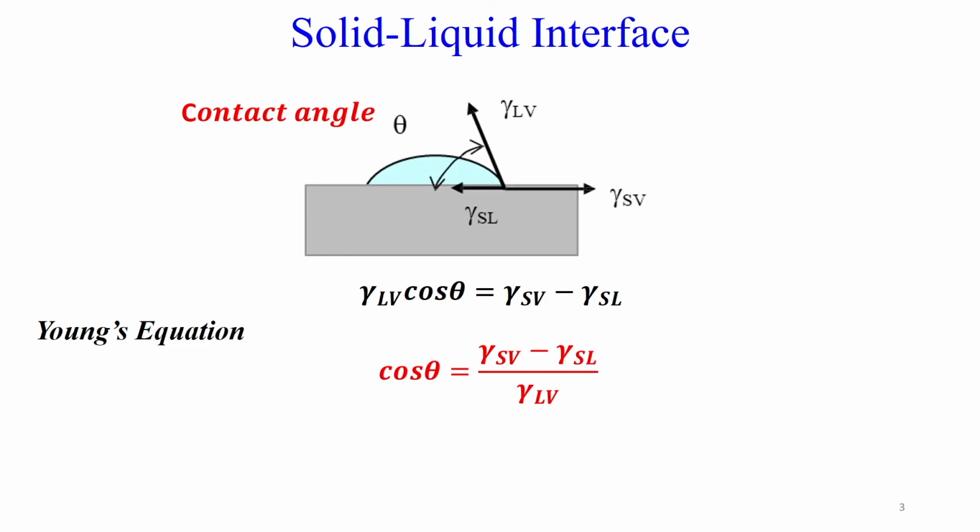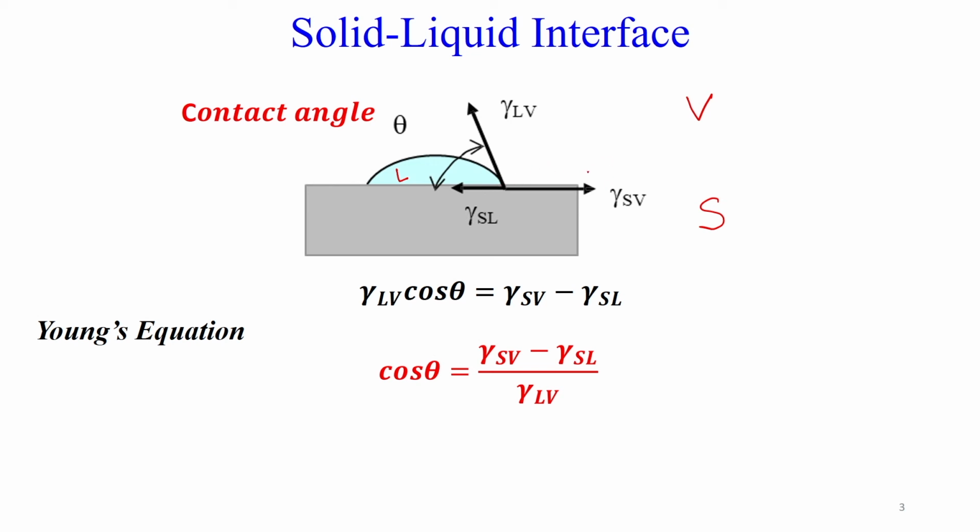First, you are considering a solid surface, and on the solid surface you are putting a drop of liquid. This is the solid, this is the air or vapor phase, and in between there is the vapor phase and the liquid phase. So, we are going to have three interfacial tensions.